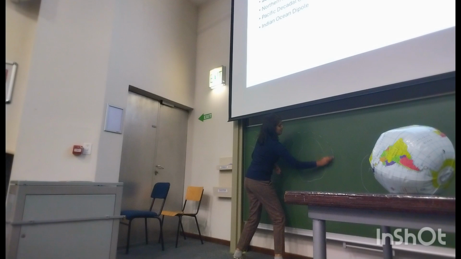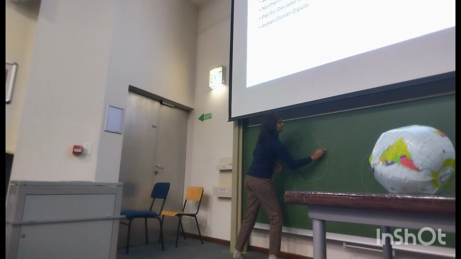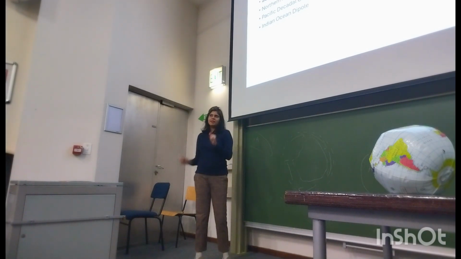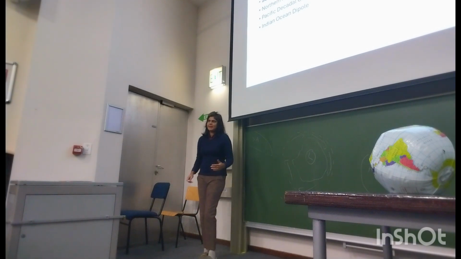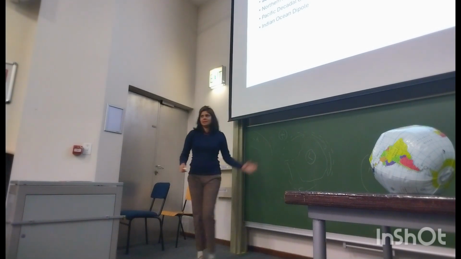This is where our subtropical front is going to be, and that's where our westerly wind is going to be. You would have a low pressure system here and a high pressure system here.